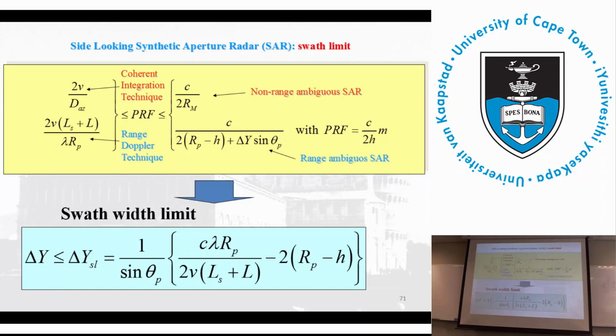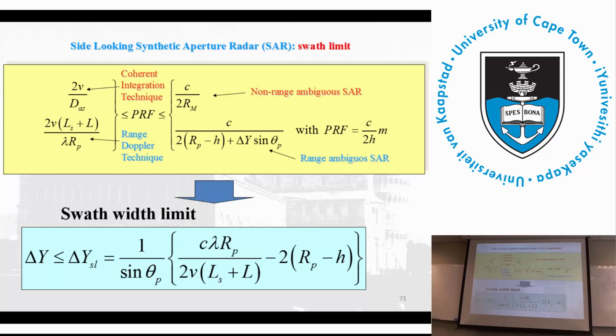You make your antenna smaller and smaller. You can do it, but you get to a point where this number becomes smaller and smaller. And that means that now you're confining the swath to be smaller and smaller. So that means you want very high resolution in azimuth. Well, you can't observe more than X amount of swath.